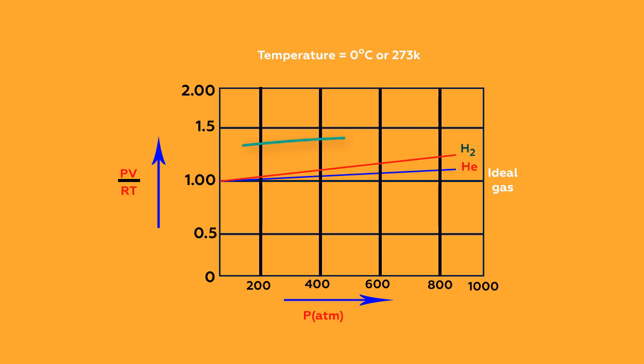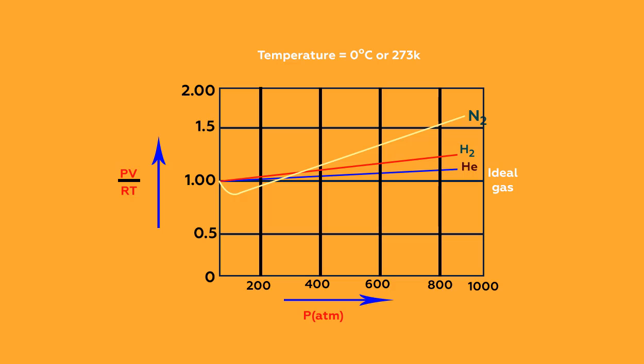In the same way hydrogen shows this behavior, and then if we see nitrogen, in the start the nitrogen line goes down from the compressibility factor as we increase the pressure, and then goes up to 1.5 of PV/nRT and some more.